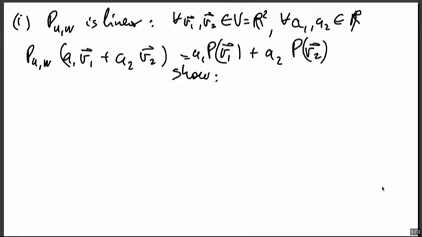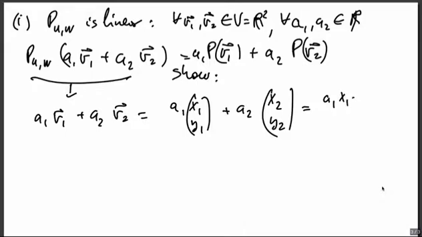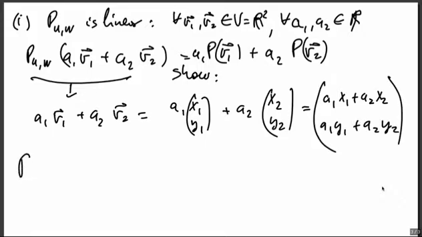Let's show this. We start with this part. If we write a1 v1 plus a2 v2 in components as a1 times x1, y1 plus a2 times x2, y2, then we multiply and add component by component, so we get a1 x1 plus a2 x2, a1 y1 plus a2 y2.